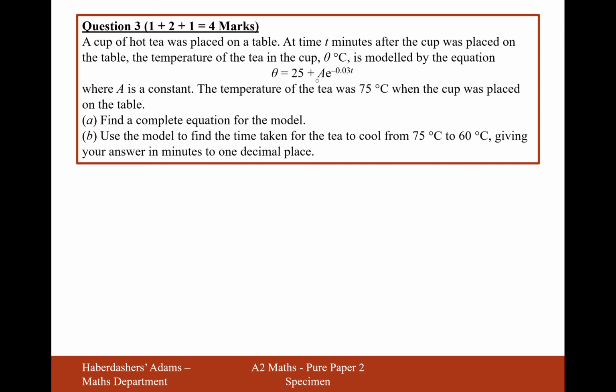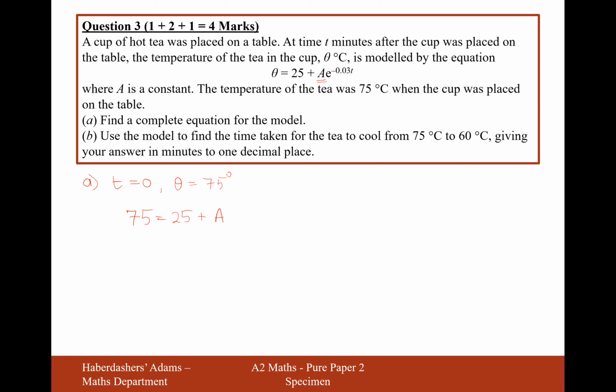I think what they're trying to get at here in part A is that they want us to work out the value of capital A. So when the cup was placed on the table, or in other words when t is equal to 0, the temperature theta was 75 degrees Celsius. They use theta for temperature. So we'll substitute this into our equation: 75 equals 25 plus A, and we'll put t in as 0.